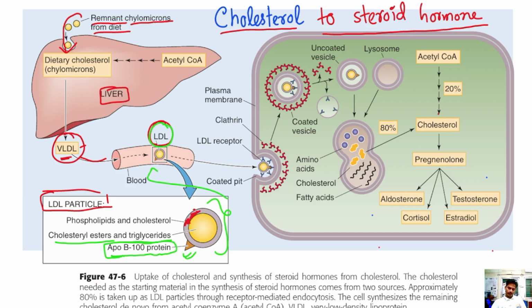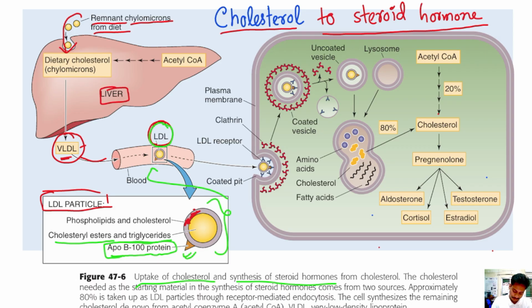Now, first we take the uptake of cholesterol and the synthesis of steroid hormone. We have to know how it is synthesized. We know about the LDL particle: cholesterol esters and triglycerides, and the ApoB100 protein.